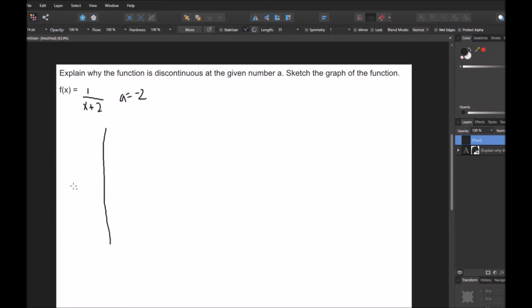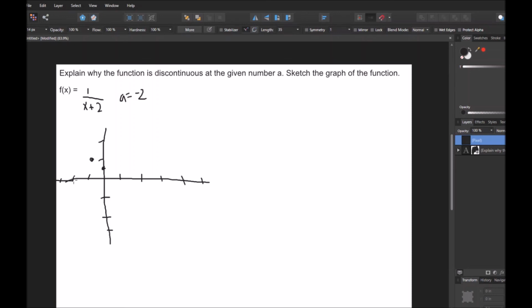So if I just draw a rough sketch here, and I have my points here like this, at 0, for example, x equals 0, our point will be 1/2. At x equals -1, our y value will be 1.